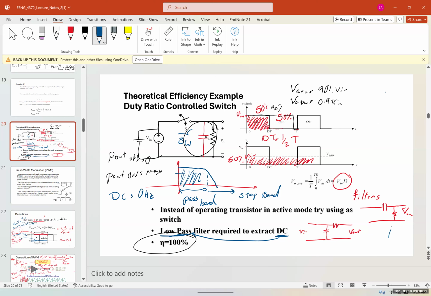Now, which one of these two do you think would pass a low frequency or a DC, and which one would block a DC? Number 1 or number 2? Which one is a low pass filter? Number 1.